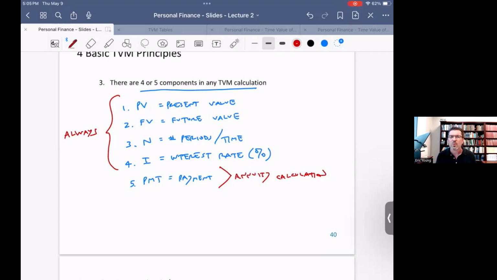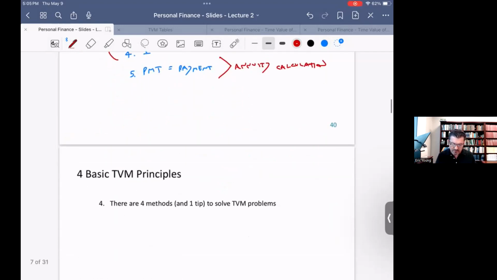The jargon can confuse people, but you don't need to be confused. It's like a scavenger hunt. Take what you've been given, figure out the missing one, and go and get it, and you're set. Okay, so those are your components.